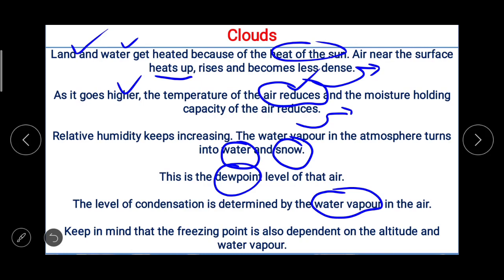So what we have to keep in mind here is that the freezing point is also dependent on the altitude and water vapor. जो freezing point की हम बात करते हैं वो भी altitude, height पे depend करता है और water vapor पे depend करता है.